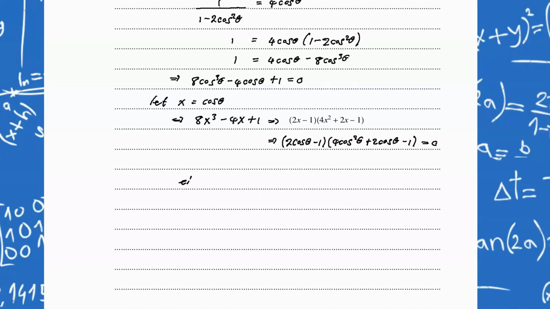So it's either 2 cos theta minus 1 is 0, or 4 cos squared theta plus 2 cos theta minus 1 is the one that's equal to 0. So here we get cos theta to be a half. So here we can try to solve this using the quadratic formula.